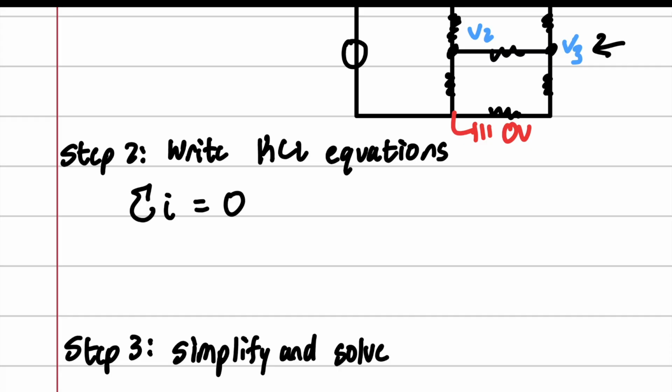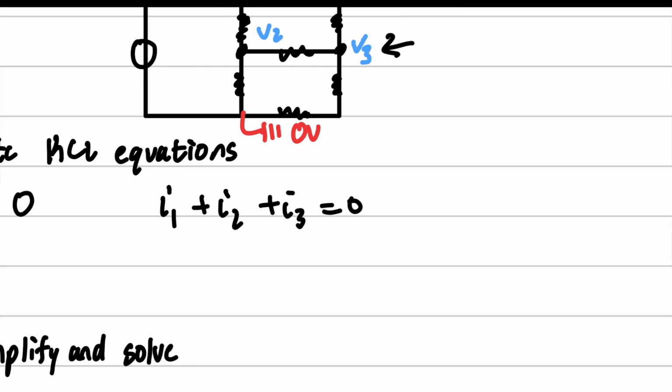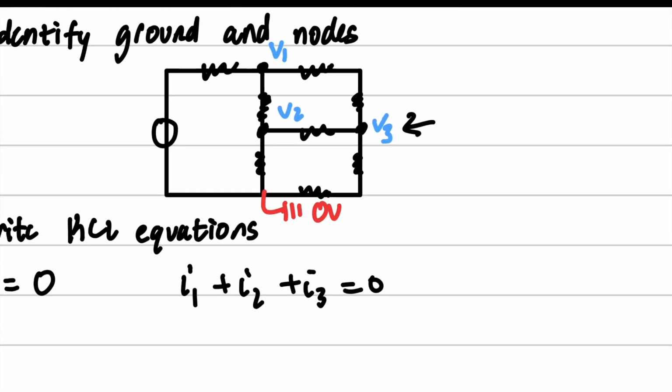So we're going to get I1 plus I2 plus I3 equals 0, or something like that. We have these currents coming out of each node, and we have to treat each node as its own individual node.